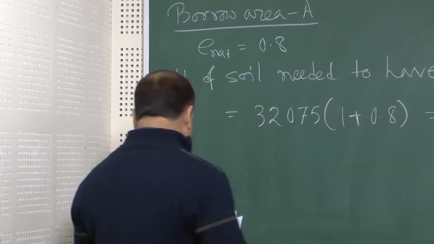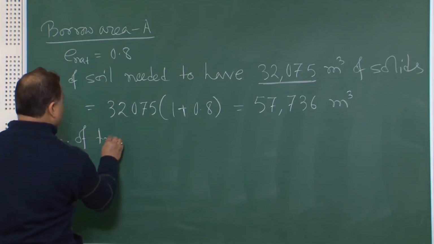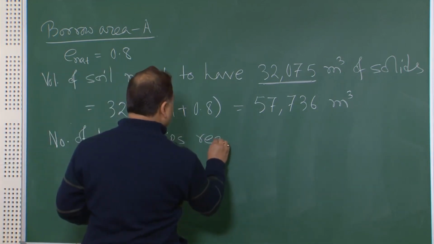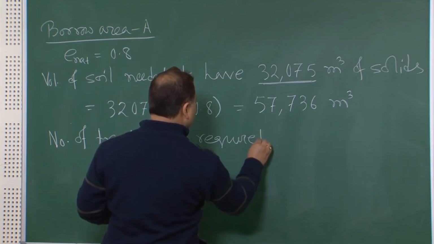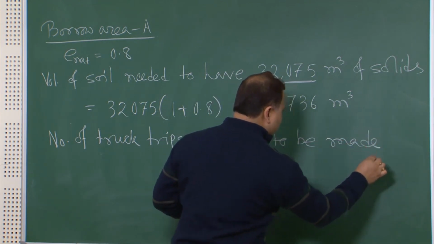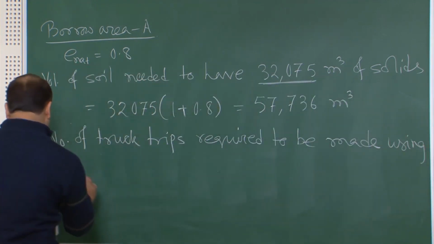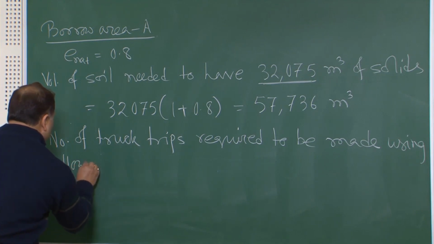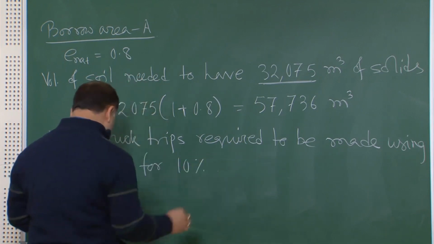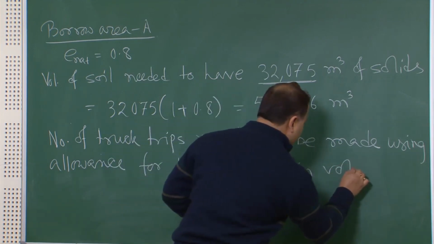Okay. Now, find out the number of truck trips required to be made using allowance for 10% increase in volume.